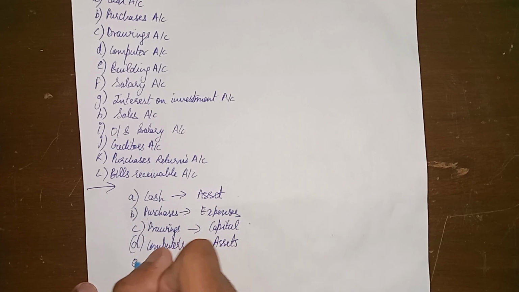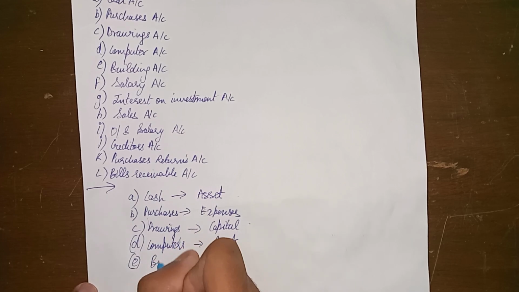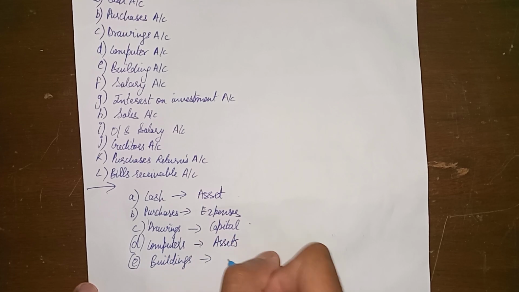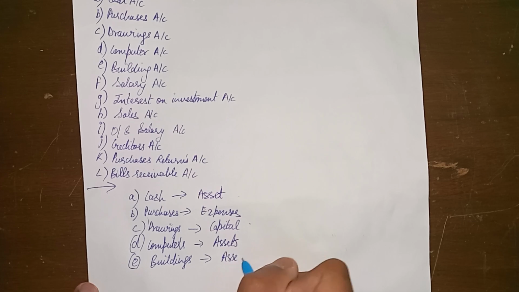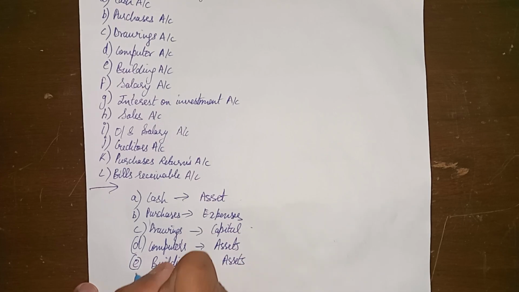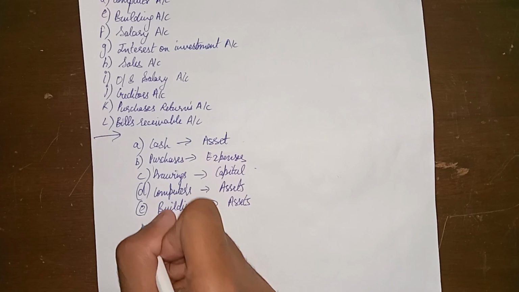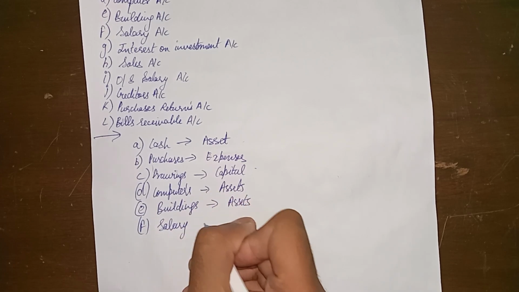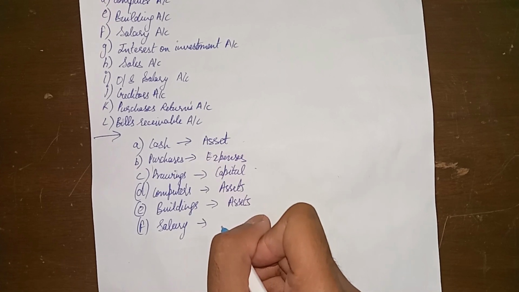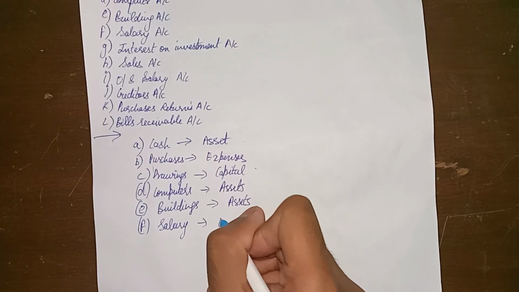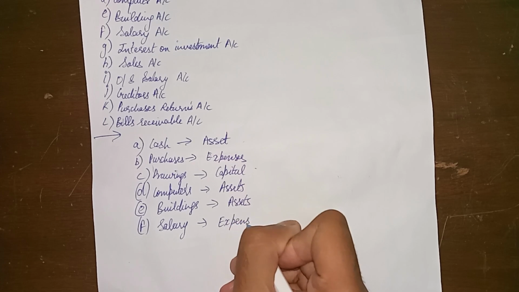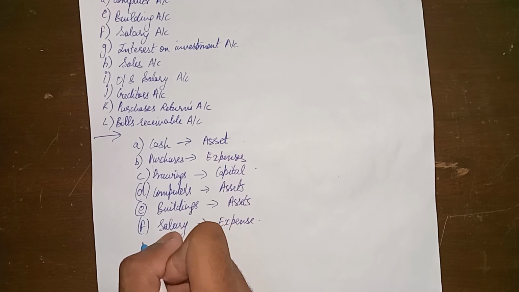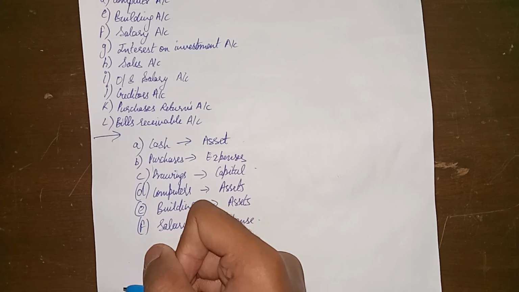Building. Buildings are also assets. What is salary? Salary is an expense. Interest on investment is an income.